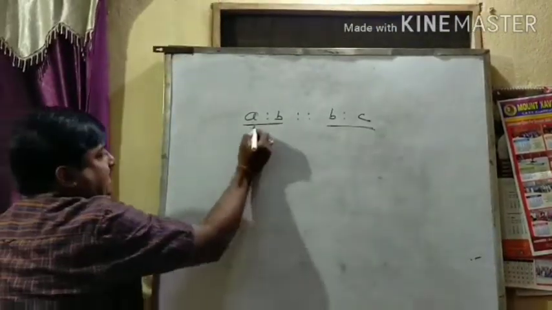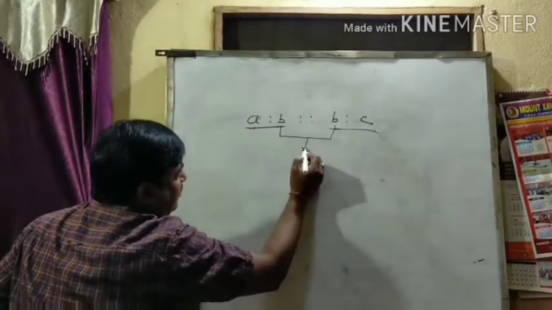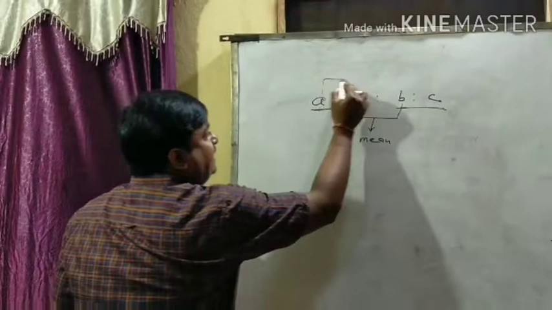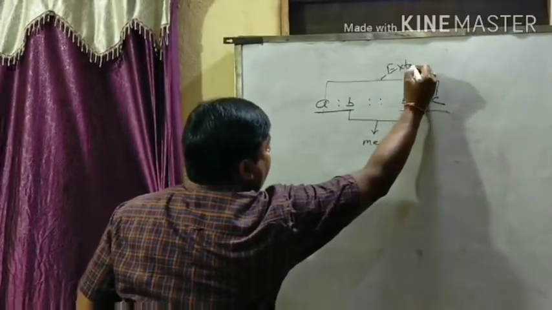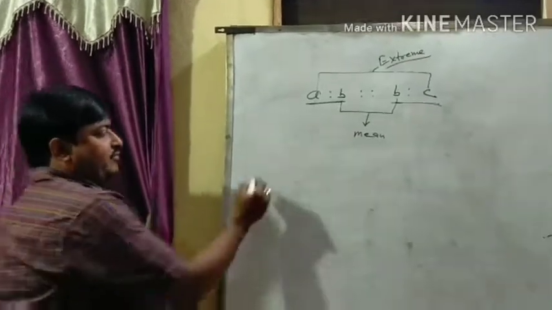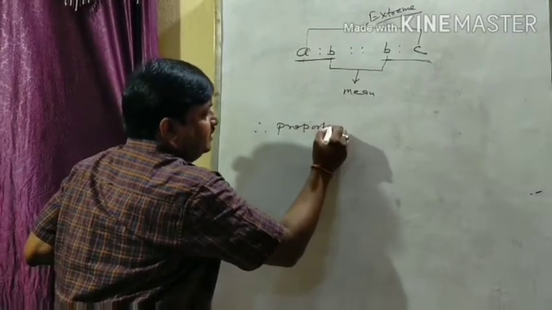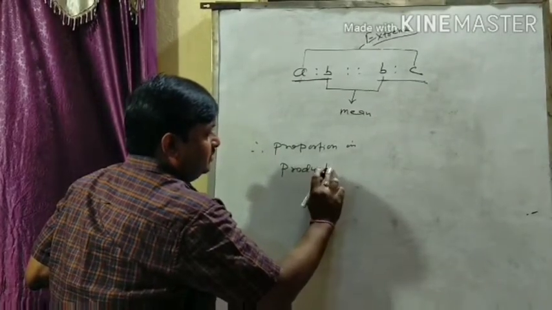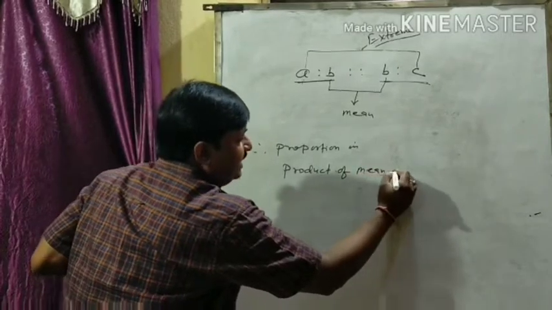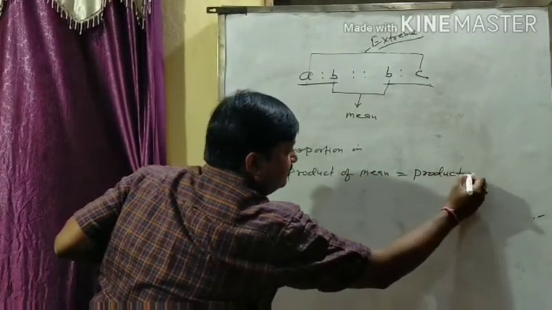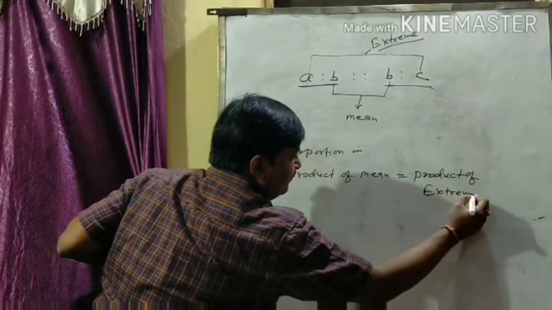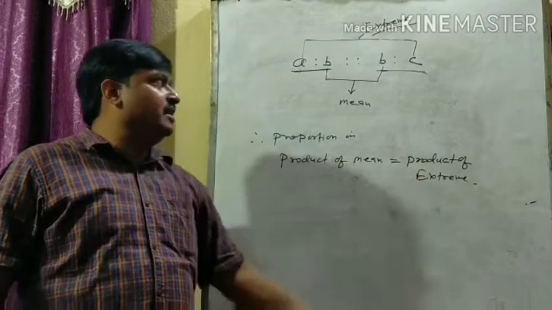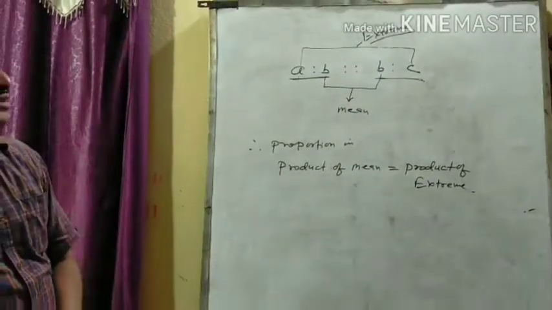In proportion, these two terms are called means and these two terms are called extremes. Therefore, students, in a proportion the product of means is equal to the product of extremes. When the product of means and the product of extremes are equal, we can say the ratios are in proportion.